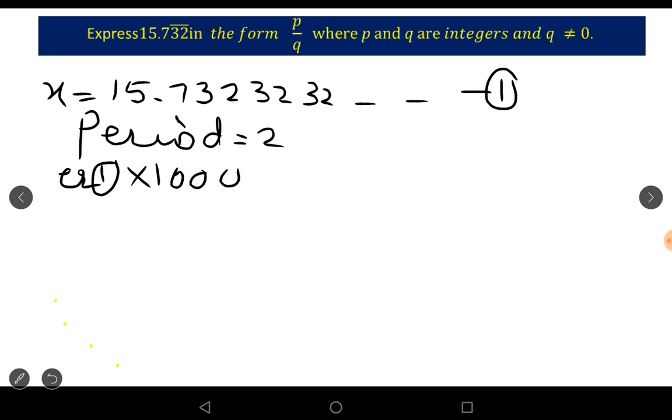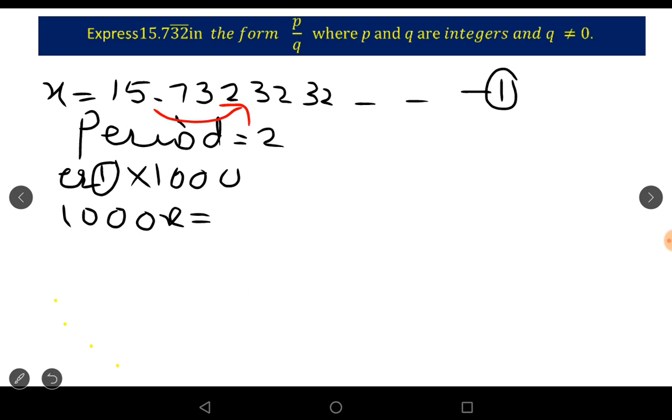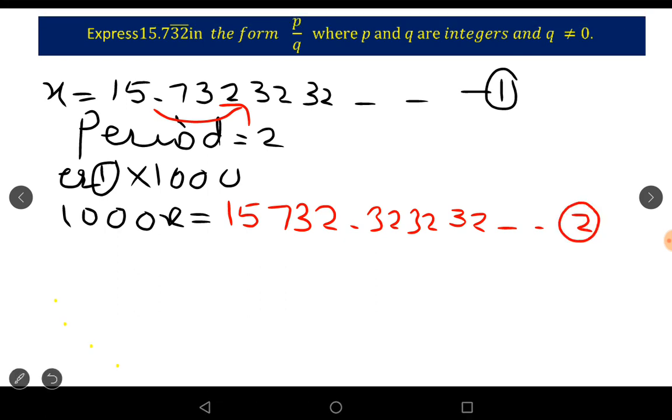So direct step 1000x equal to, in the 1000 3 zeros, so decimal point moves 3 places to the right side. Direct step: 15,732.323232, so on. This is the equation 2. Here multiply with 1000 because 1 digit non-repeat, period is 2, total 3. So 1 following 3 zeros.